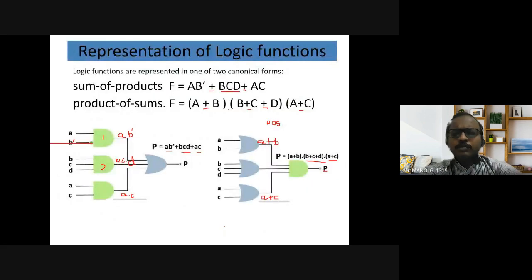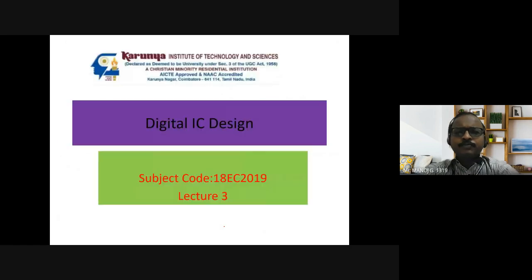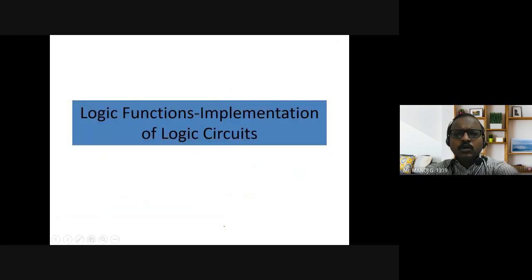To sum up what we have learned so far, we have learned what a logical expression is, how to implement a logical function using a logical expression, and how to implement it in a logic circuit.